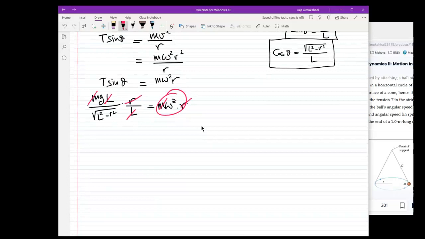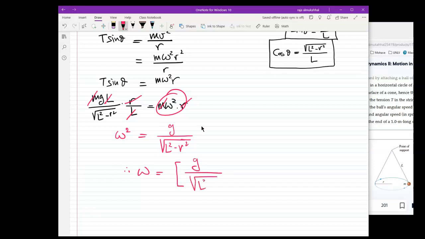So I end up with omega squared equals g over the square root of L squared minus R squared, or omega is the square root of g over the square root of L squared minus R squared. Okay, and there we go. That's basically how you would do this problem.